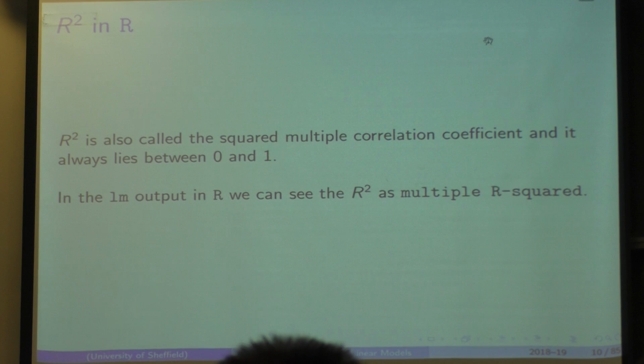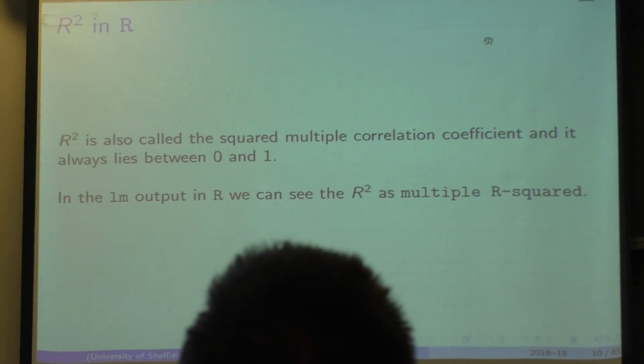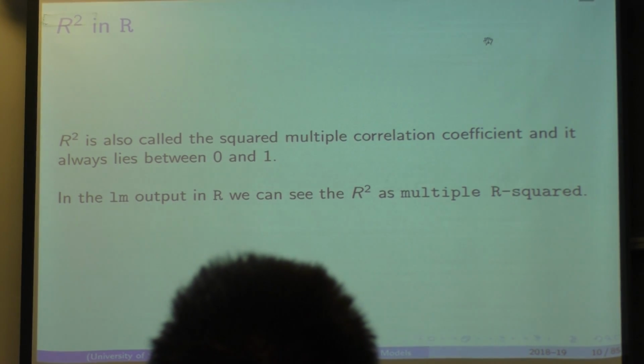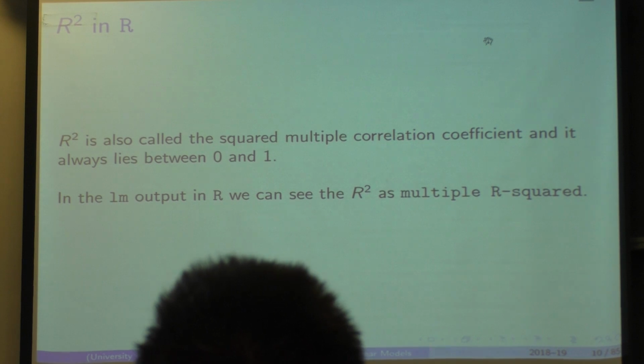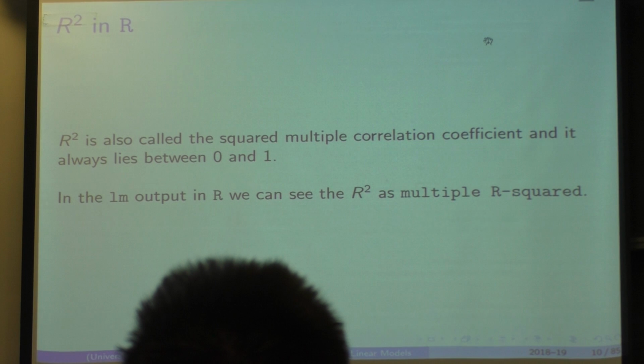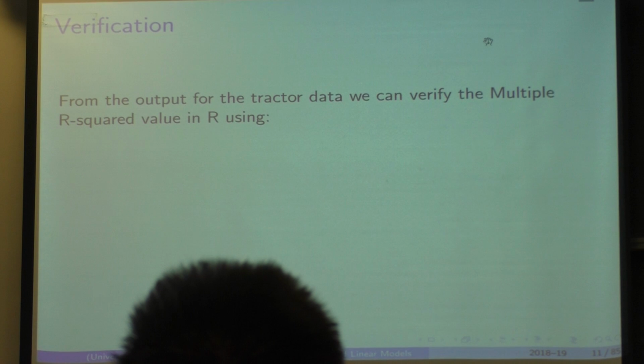So if we look back to the output that we got from our linear model when we fitted the tractor data, you'll see that it says multiple R squared. So the R squared actually immediately comes out of the R output that we've already seen. And that will show you some code.